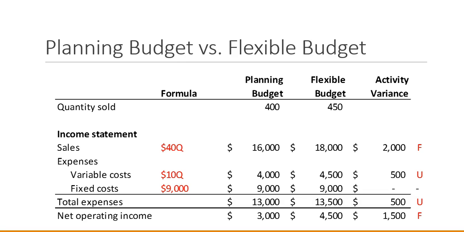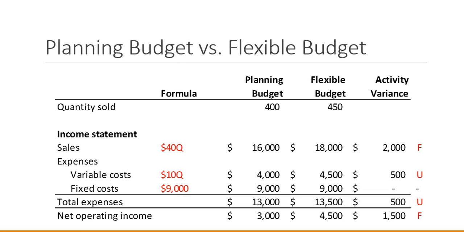Now let's look a little more closely at what's happening in the activity variance column, where we see the red letters. Our sales went from 16,000 planned to 18,000 in the flexible budget. More sales is good, so we label that $2,000 difference as favorable. When we move down to variable costs, the change is an increase from 4,000 to 4,500.